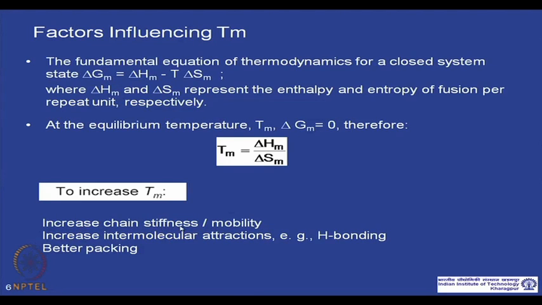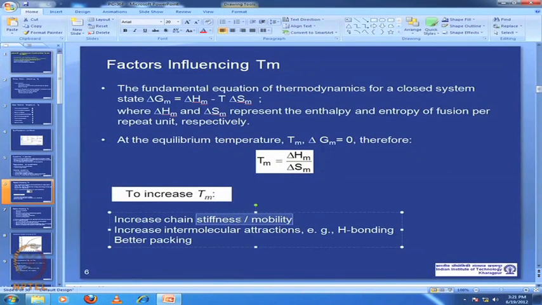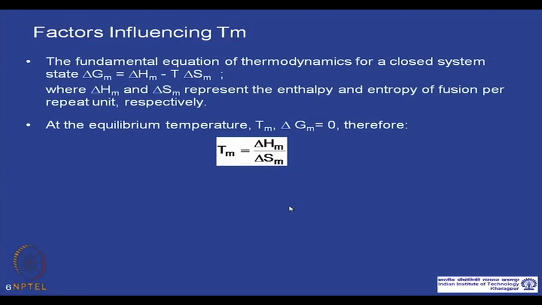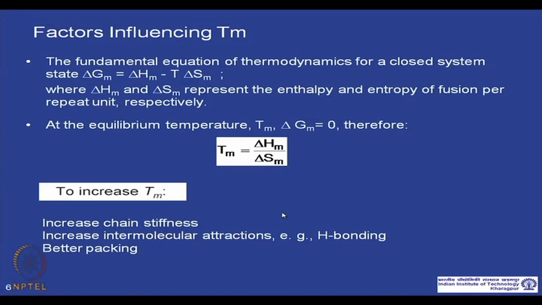If we increase the chain stiffness, what happens when we melt these polymers? If the polymer is stiff, then the increase in entropy is not much.